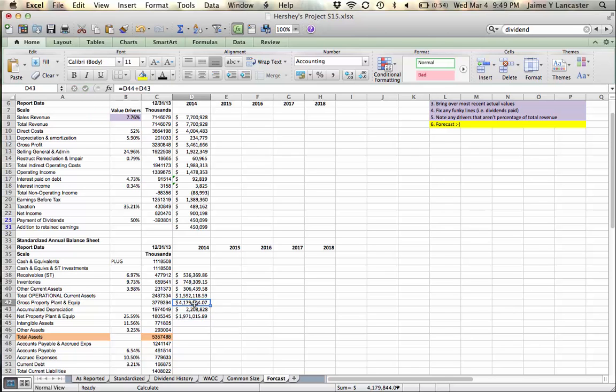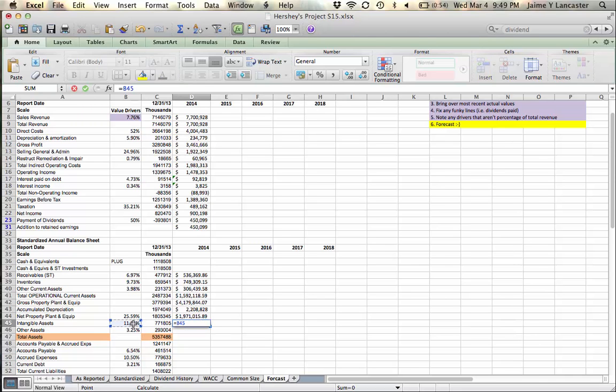So what this tells us is that Hershey's paid $4.1 million for these assets. They've depreciated $2.2 million, meaning that the book value is $1.971 million of their total, or that's the book value of their net property, plant, and equipment.